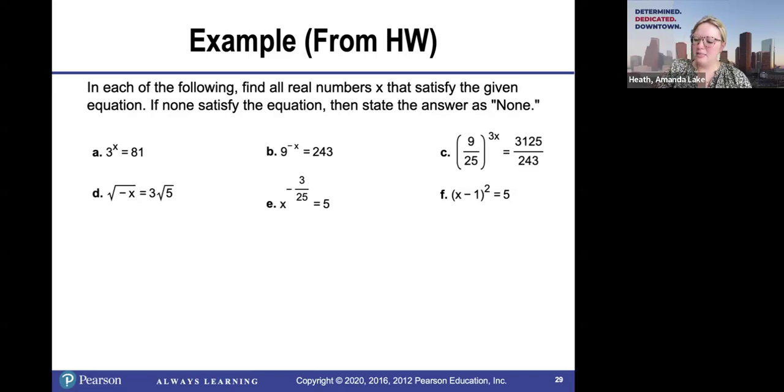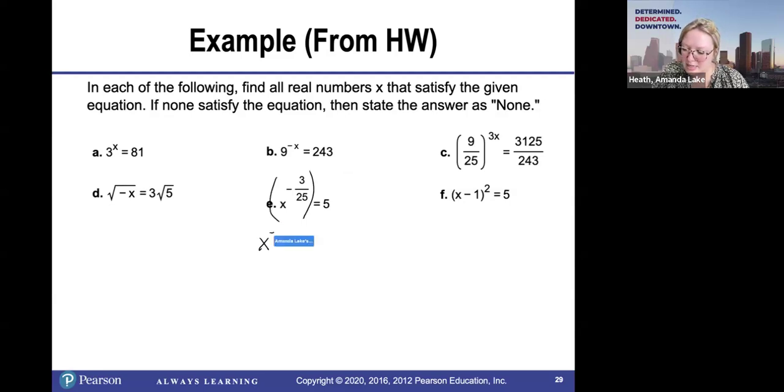Okay, then x to the negative 3 over 25 equals 5. If you've taken any college algebra or remember from high school algebra, one way to do problems like this is to take logarithms. But I think here we can just think, what do I need to raise this power to so there's no power here?